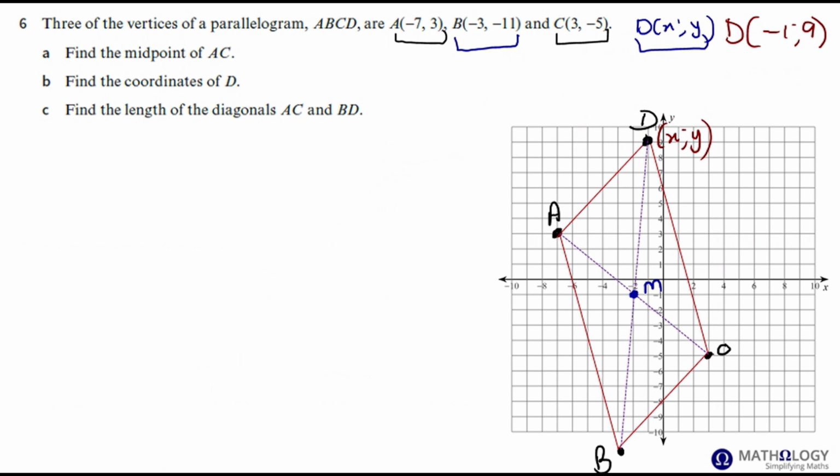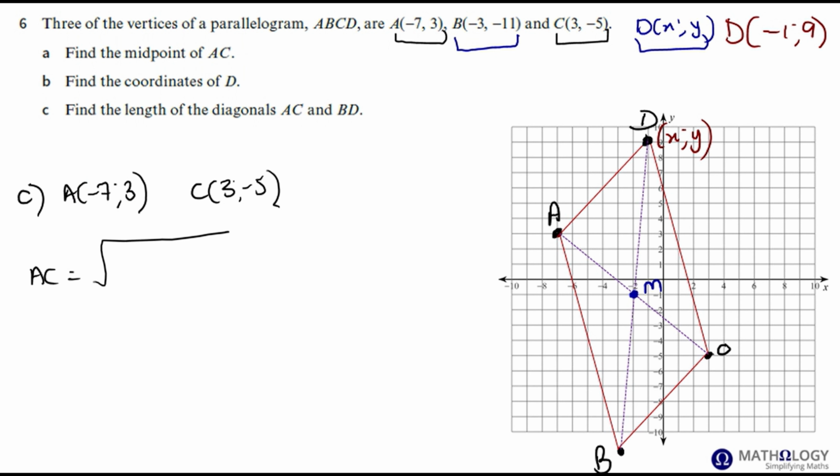Finally, find the length of the diagonals AC and BD. So AC equals the square root of (x2 - x1) all squared, (3 - -7), so 3 plus 7 all squared, plus (y2 - y1) all squared, (-5 - 3) all squared.